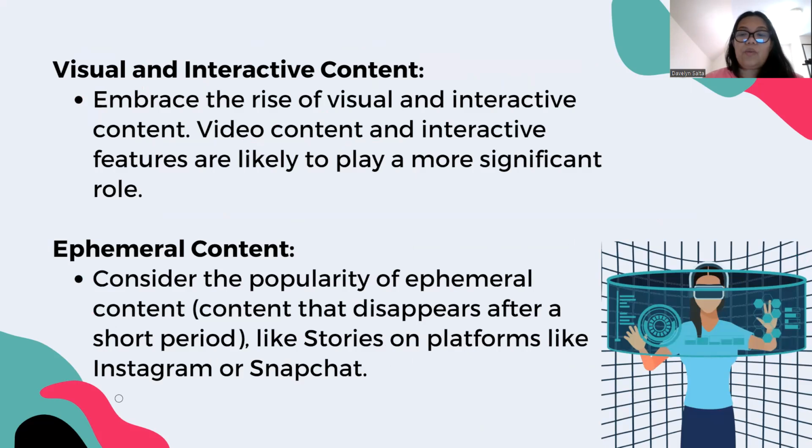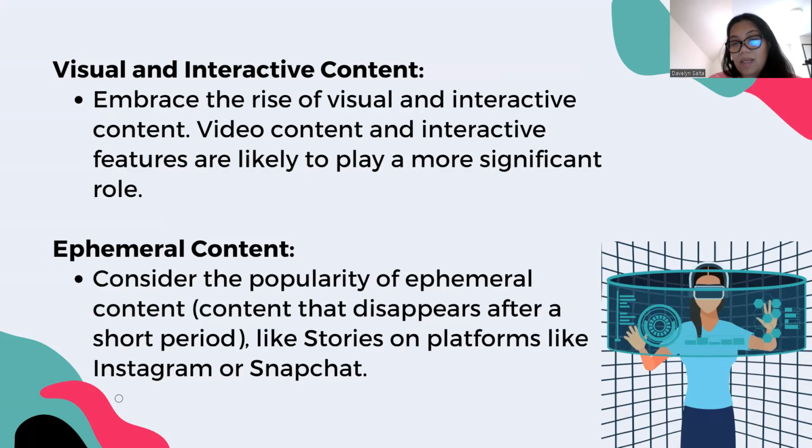Now, visual and interactive content. So embrace the rise of visual and interactive content. Video content and interactive features are likely to play a more significant role. Ephemeral content. What are those? So consider the popularity of ephemeral content.